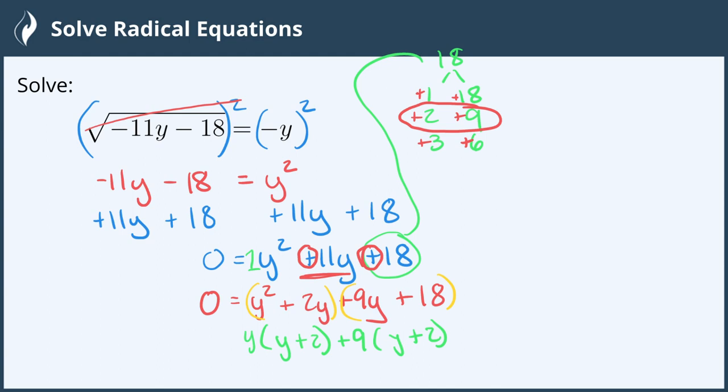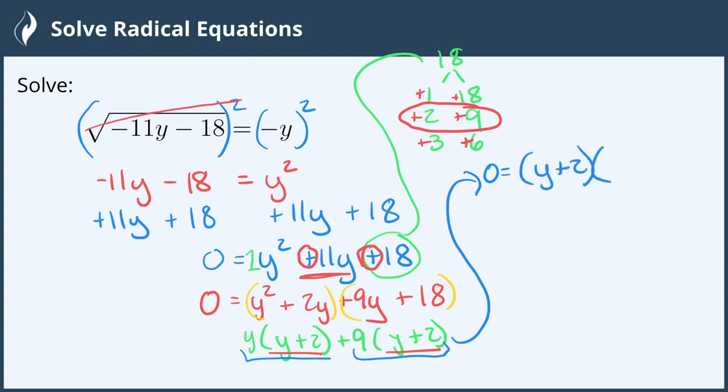Now both of these larger terms have a common factor of y plus 2, this binomial. So we'll factor that out, and I ran out of room, so we'll come up here. So we have 0 equals, we're factoring out the y plus 2, and we're left with y plus 9.